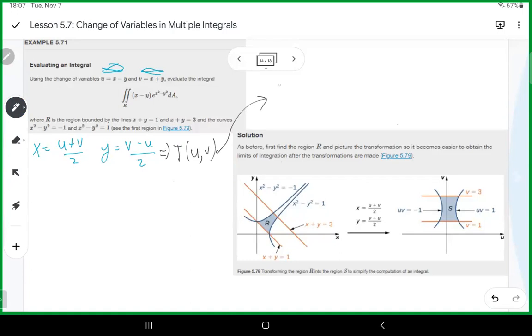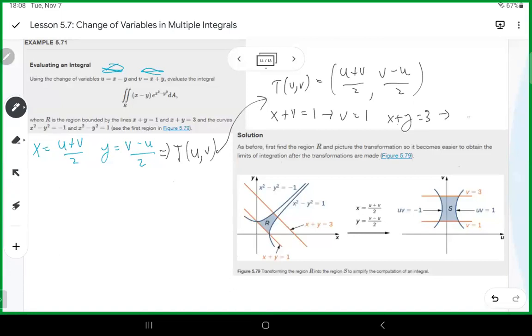So that is going to be, okay. So then the lines x plus y equals 1 is going to become v equals 1, and x plus y equals 3 is going to become v equals 3.